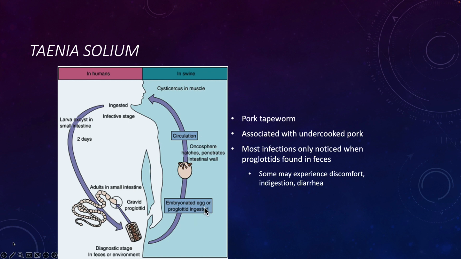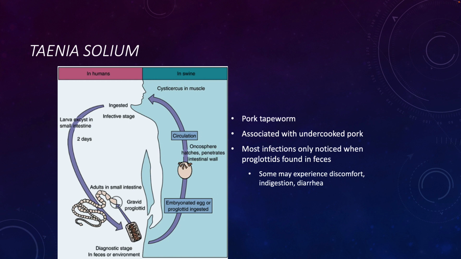If there is ingestion of the proglottid or the embryonated egg, the larvae will hatch, penetrate the intestinal wall, and burrow into muscle. And then if the larvae have burrowed into muscle and they are consumed, the larvae will exist in the small intestine and develop into adults that will reproduce. So that's kind of the life cycle.